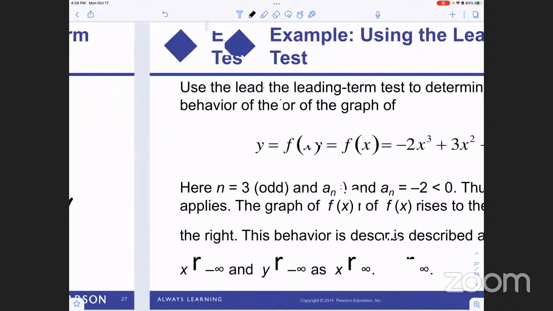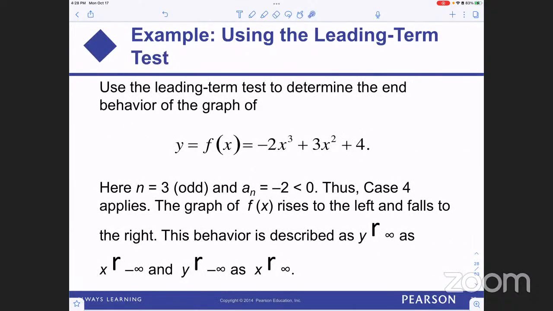And you can see a typed version of the explanation here. The degree is odd and the leading coefficient is negative, so that means we're working with case 4. Oh, and these are typos. I need to fix these. I've been doing these as red, but those little R's just didn't process the image properly.